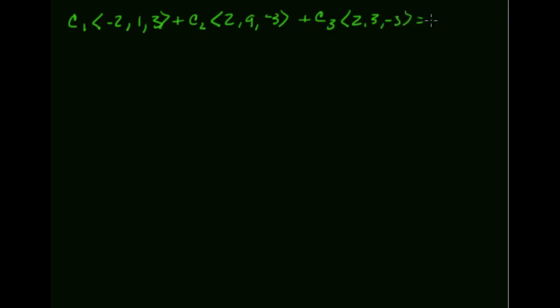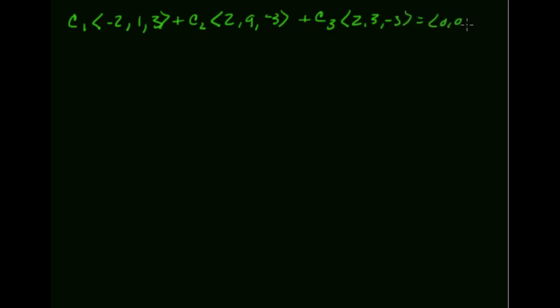All right, so problem number 3 is pretty straight up. We want to show that something is linearly dependent. So here's how this works out. Let C1 times the first vector plus C2 times the second vector plus C3 times the third vector equal the 0 vector.